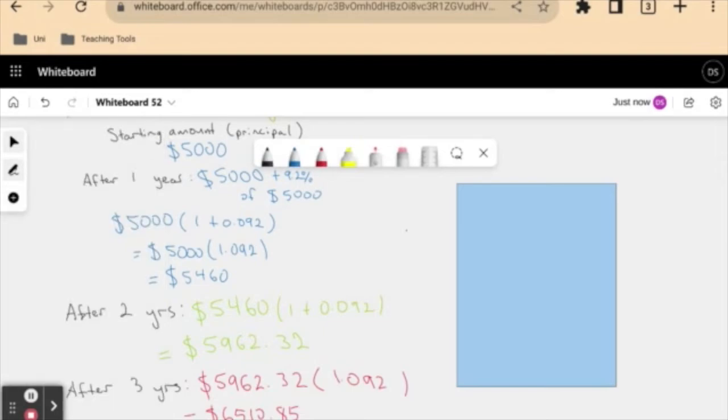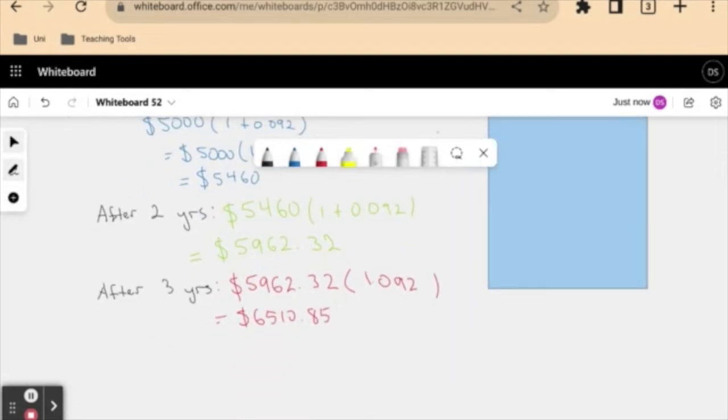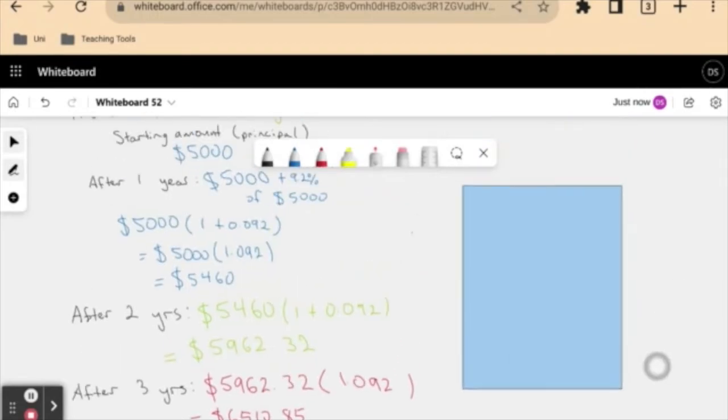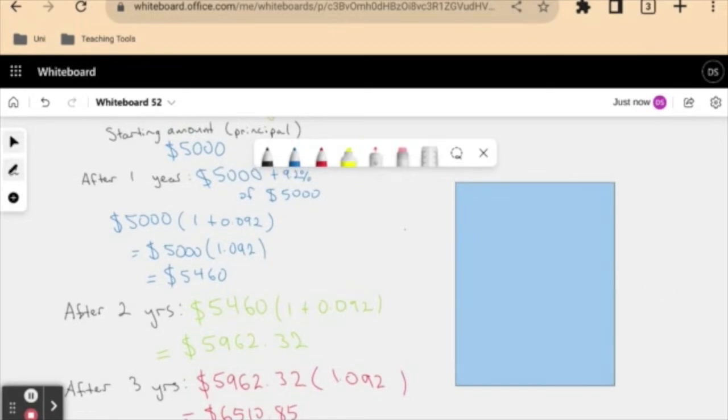Now, I can keep going like this and find this after 9 years, but it's going to be pretty tedious, isn't it? Now, what if the question asks for 30 years? Well, you're not going to do this 30 times. It's just too time consuming. That is why we find these patterns and derive formulas.